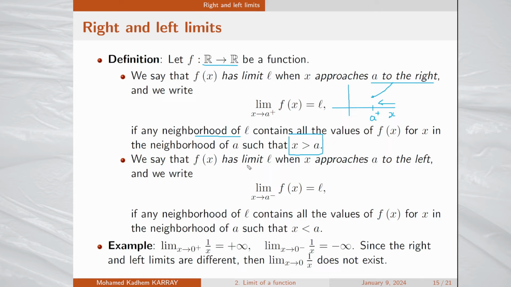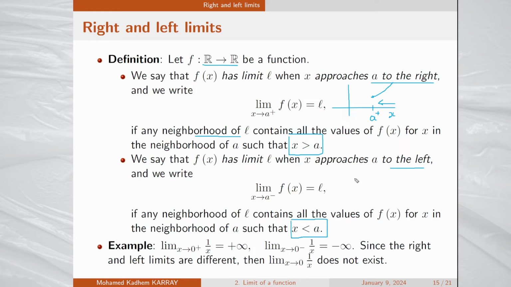On the other hand, we say that f of x has limit L when x approaches a to the left this time, and we write it x goes to a minus, to say that it is on the left of a, if any neighborhood of L contains all the values of f of x, when x is in a neighborhood of a such that x is smaller this time than a.